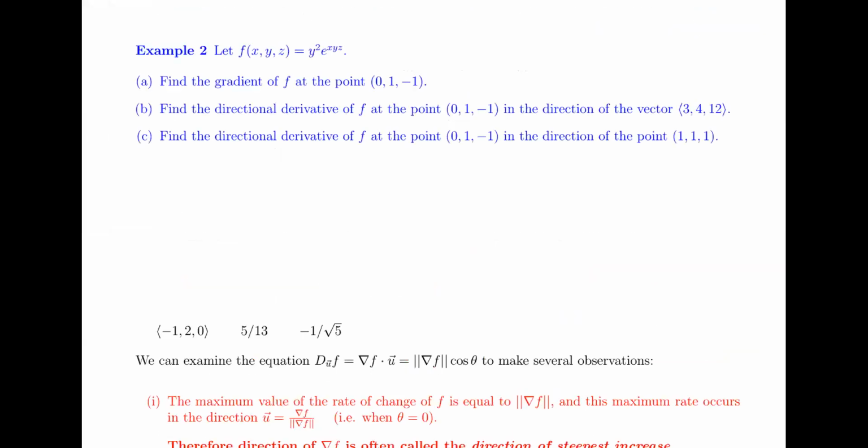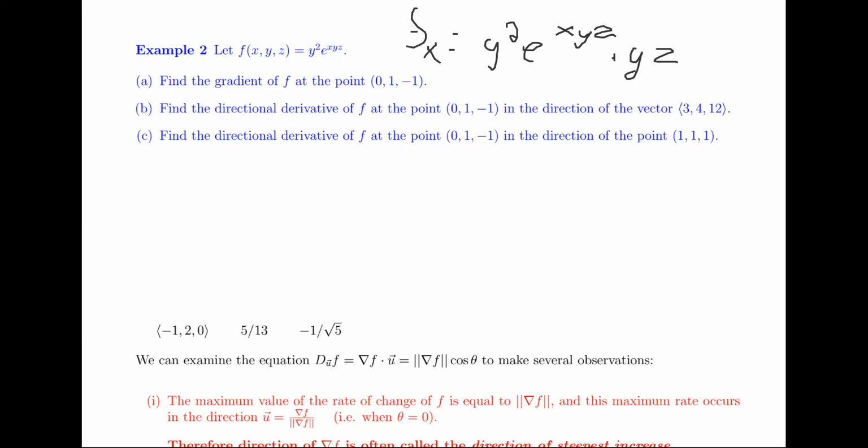So we've got a similar thing, but a 3-dimensional vector here. Let's find the gradient of f. First off, f sub x is equal to y squared e to the xyz times yz.